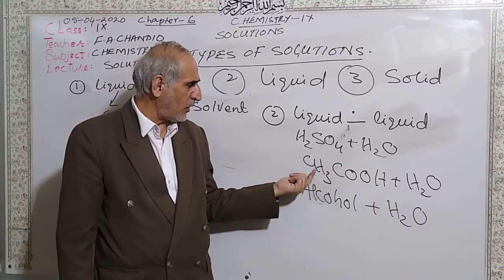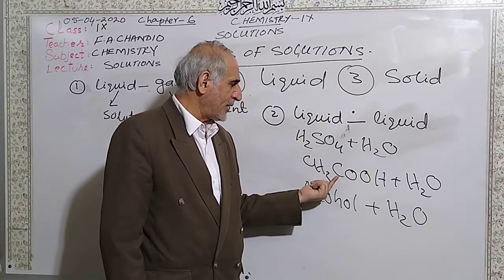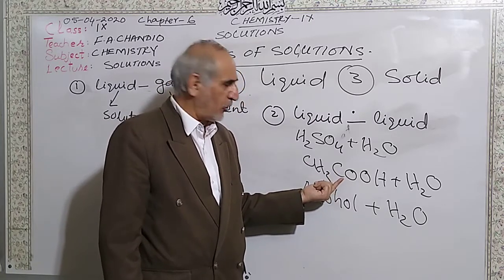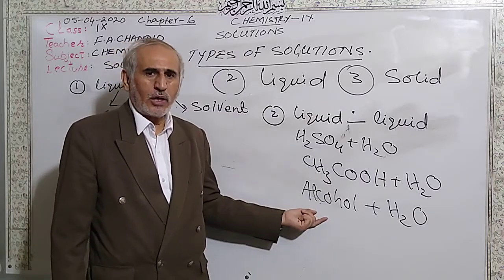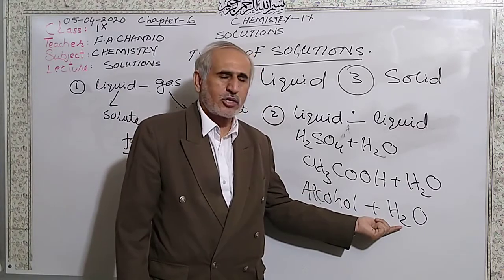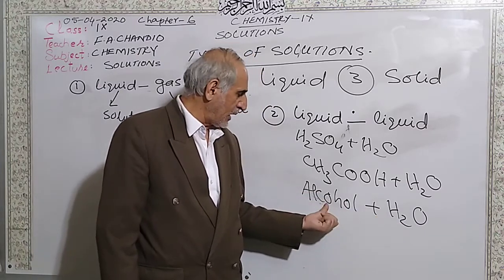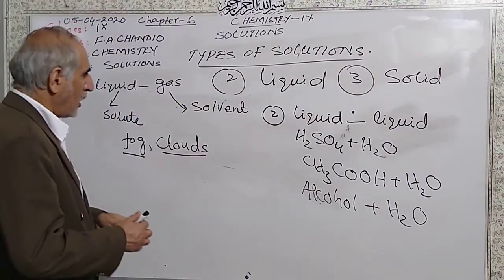A 5% solution of acetic acid is called vinegar. So in vinegar, acetic acid is a solute which is in liquid state, and water is also a liquid. Alcohol, which is also a liquid, small quantity, and water is also a liquid. So this is again liquid and liquid. Three examples I gave you for the liquid and liquid.